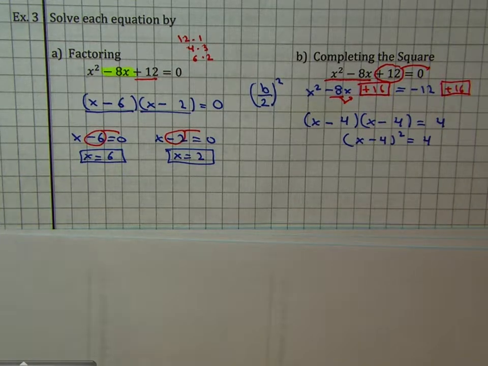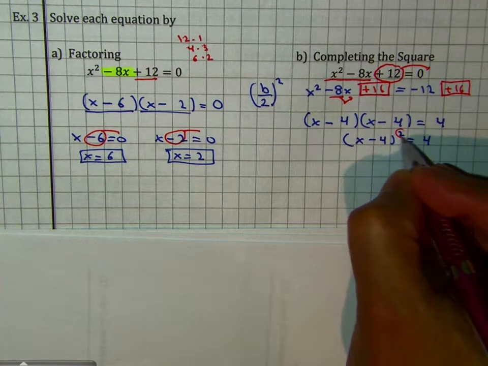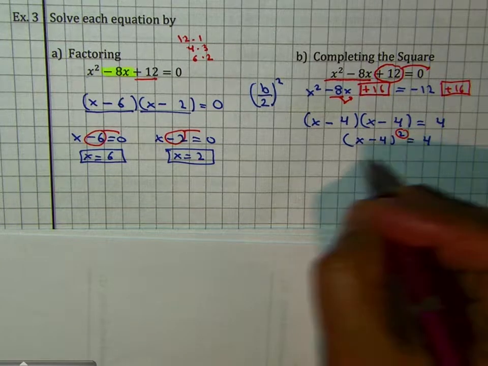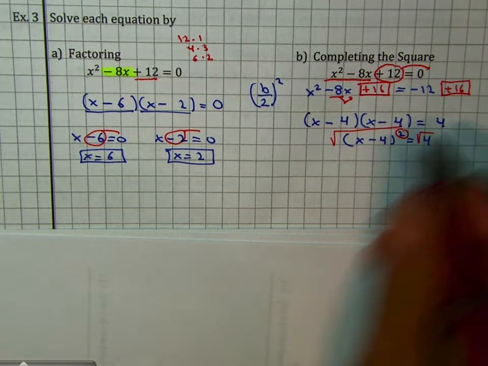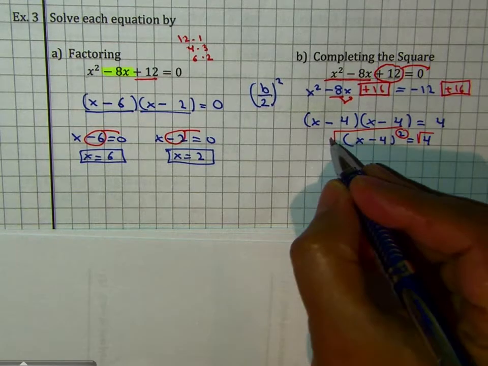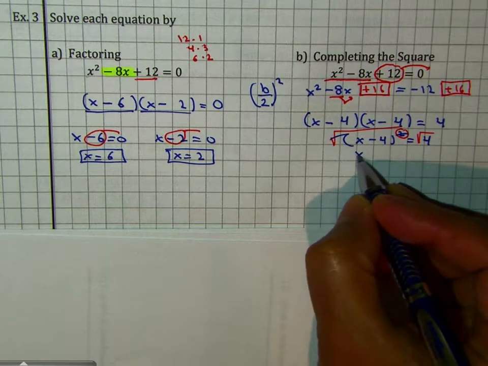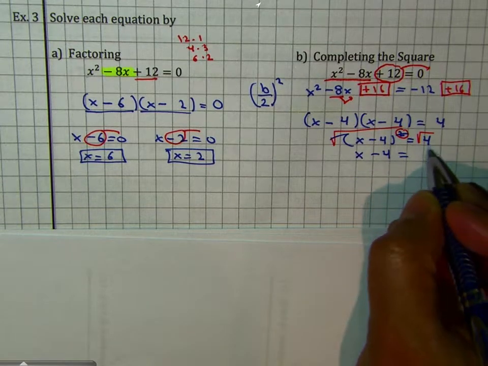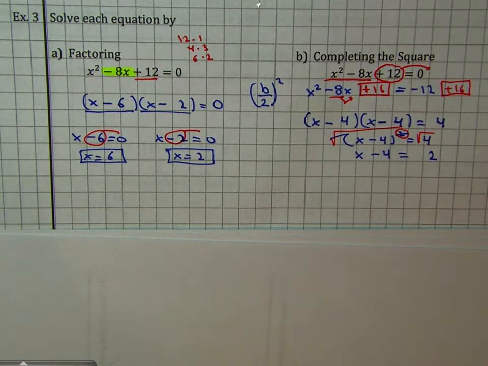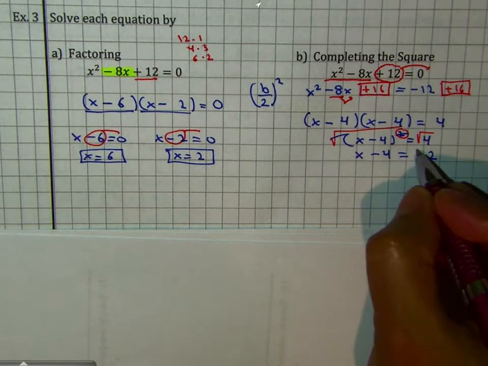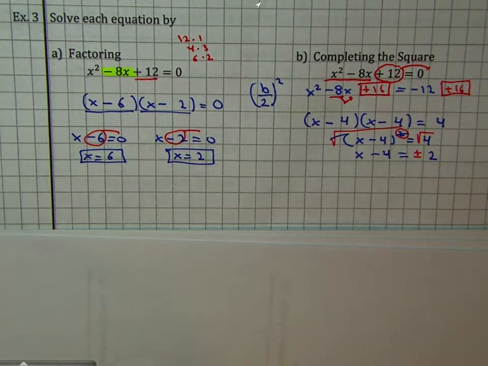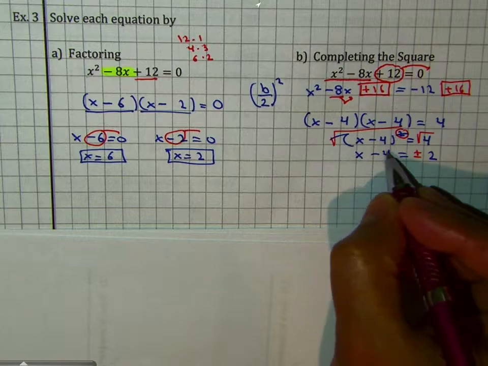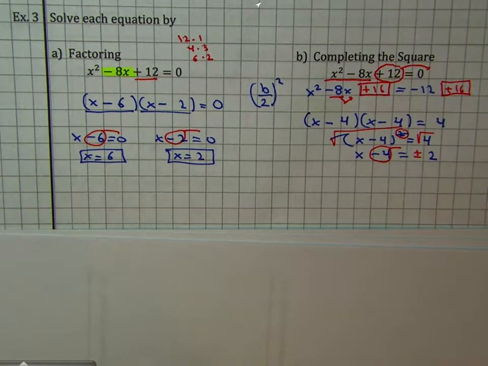And now I can take the square root on both sides to get rid of the square. I'm going to take the square root on the left and on the right. My square root and my square cancel, so now I have x minus 4 equals, 4 is a perfect square, so the square root of 4 is 2. But let me not forget my plus or minus. And now the last step to leave the x by itself: move my 4 to the right, so it's positive 4.